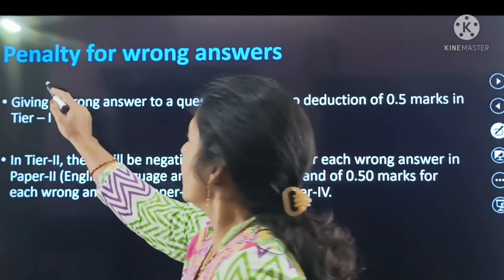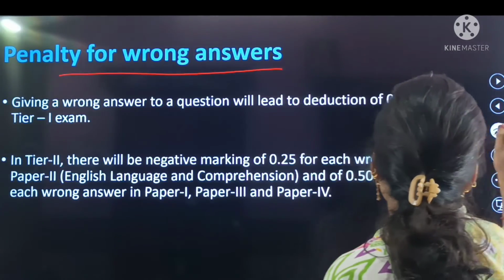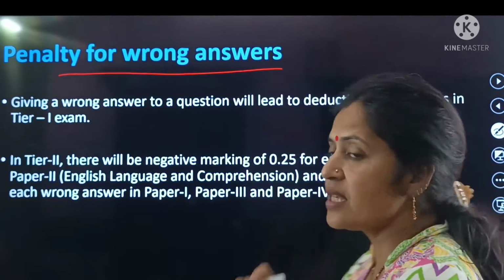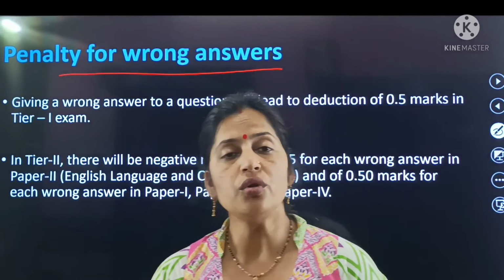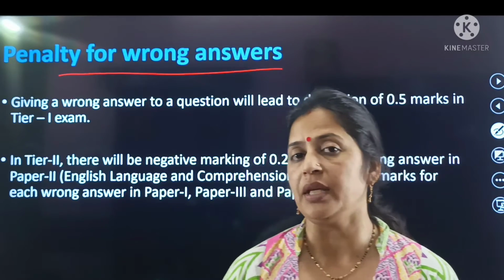Next is what is the penalty for the wrong answers. अगर आप wrong answers करते हैं तो उन wrong answers से related क्या penalty रहेगी?